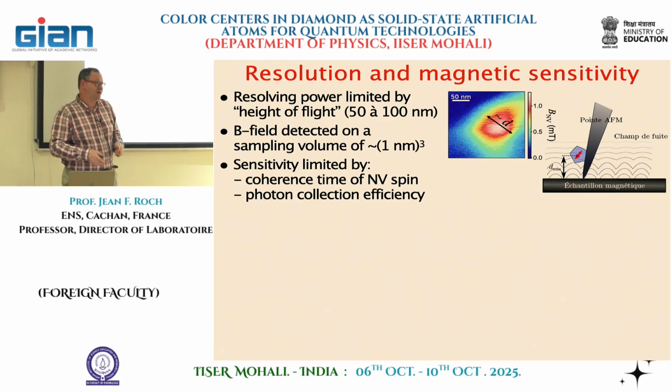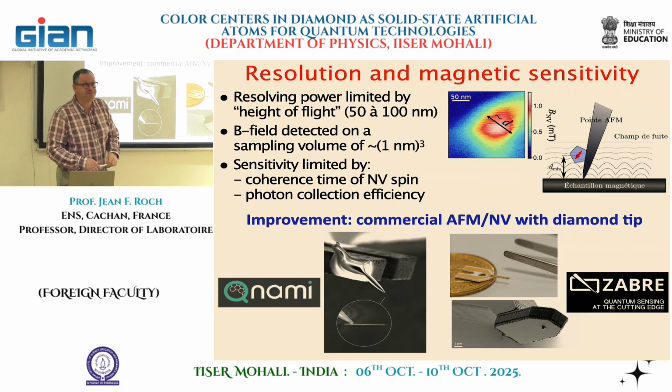They were larger, easier to attach, and the bonding strength was also stronger. And the sensitivity is limited, of course, by the coherence time of the NV spin, but also the photon collection efficiency.